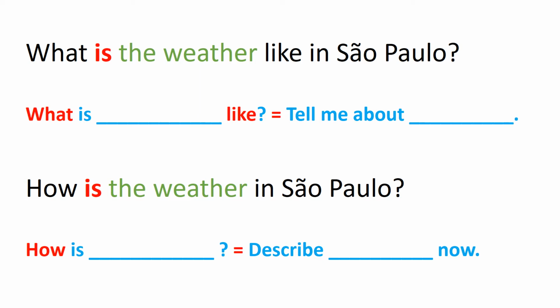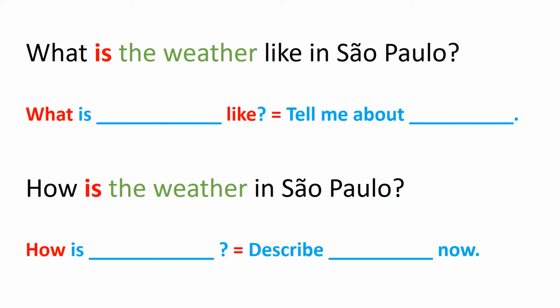Here is the slide I was telling you about. This is an example of how to use what, like, to ask for a description. So if you want to know information about what the weather is like in São Paulo, the city of São Paulo is usually warm in summer and cold in winter. It rains a lot. Is it windy? Is it usually sunny? Does it snow?